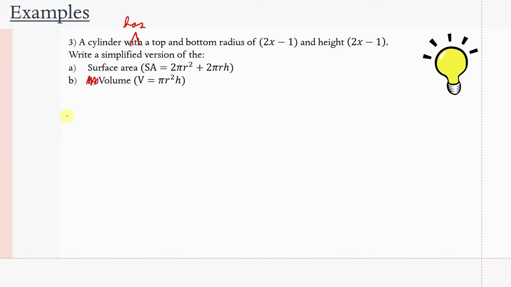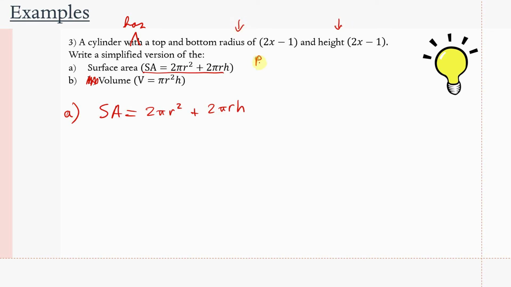So let's do a first, right? So surface area, the equation for surface area is given right here, is 2 pi r squared plus 2 pi rh, sorry, right? So we have to substitute in the radius and the height.